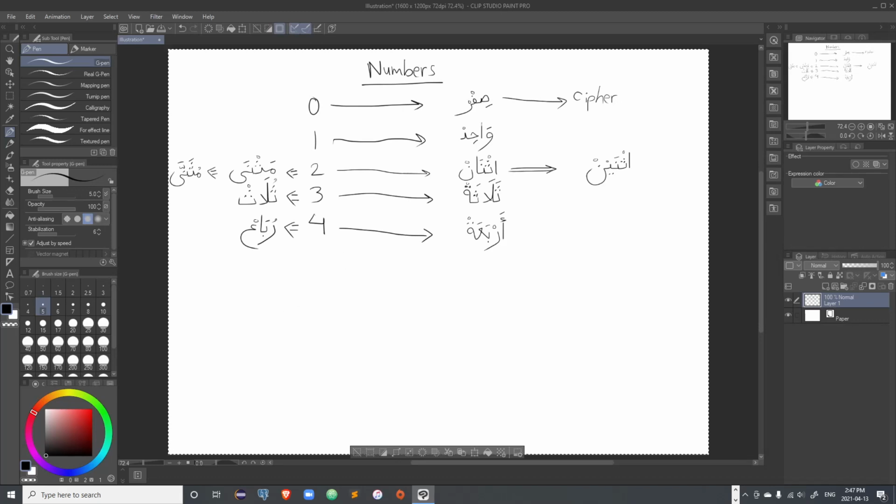So let us create a line here to separate. Actually, I can create a space here. So 5, we have khamsah. Oh, that is a very ugly meme.